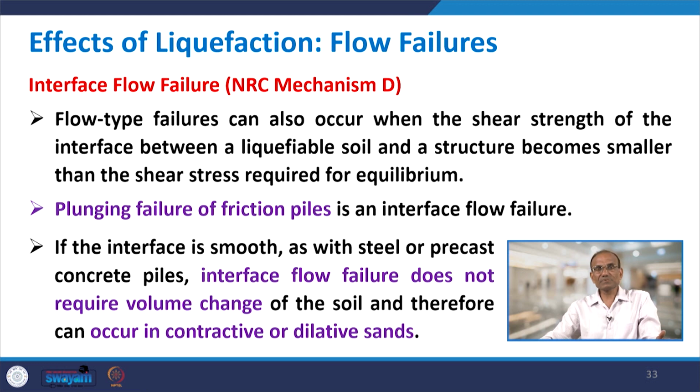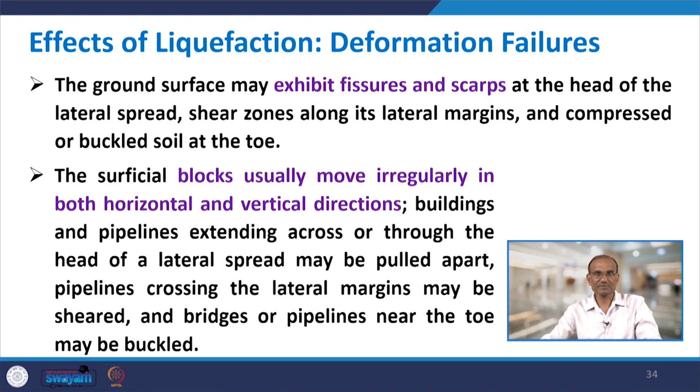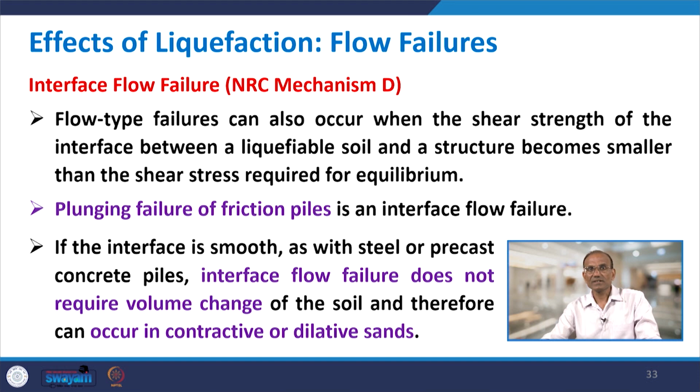If the interface is smooth, as was the case with steel or precast concrete piles, interface flow failures do not require volume change of the soil and therefore can occur in contractive or dilative sense. So, this was about interface flow failures, NRC mechanism D.